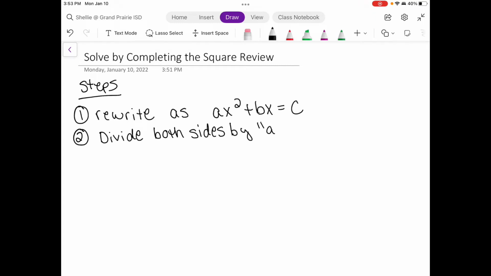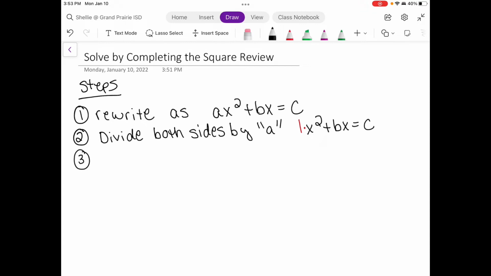If you do that, you're going to be left with x squared plus bx equals c. You want to make sure that the x squared has a coefficient of 1. If it doesn't, you can't do the rest of the steps.